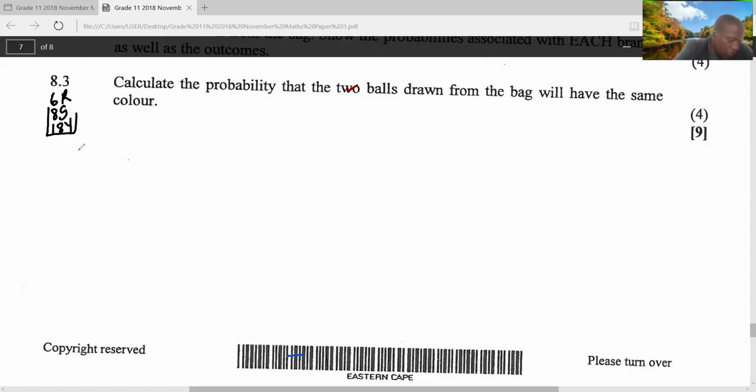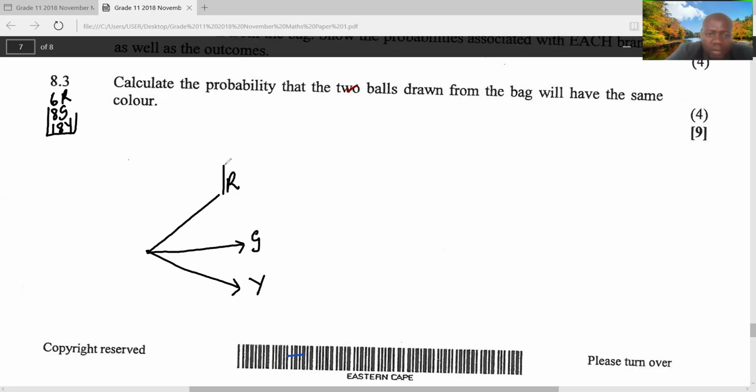So now we're going to say, okay, fine. In that case, when we select the first ball, we might get a red ball, or we might get a green one, or we might get a yellow one.